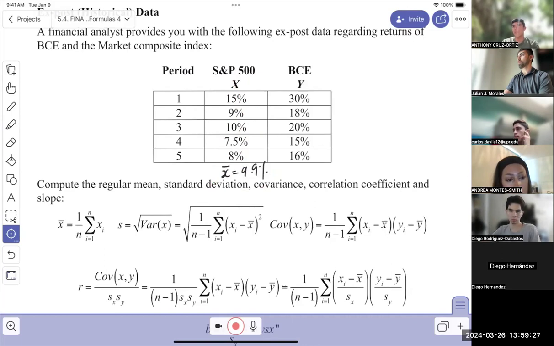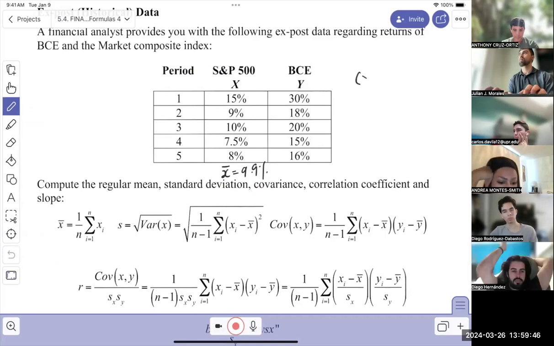But that doesn't tell the whole story, because there is a variation around here. There's a volatility, and we want to measure that. The measure for that is looking at how far, first we begin by looking at how far each value is from the expected value and calculate something called, what do we call that?